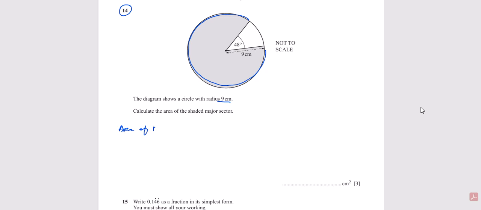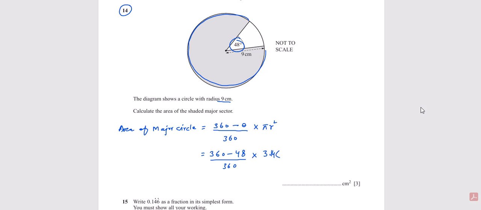Area of major sector is equal to 360 minus theta divided with 360 multiply pi r square. 360 minus theta is 48 divided with 360 multiply pi is 3.14.